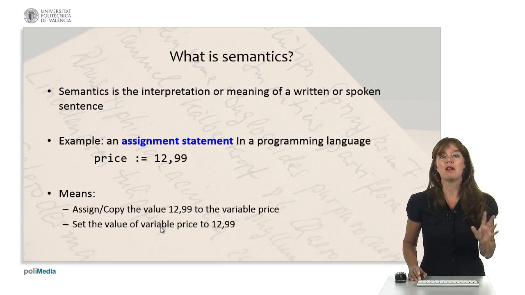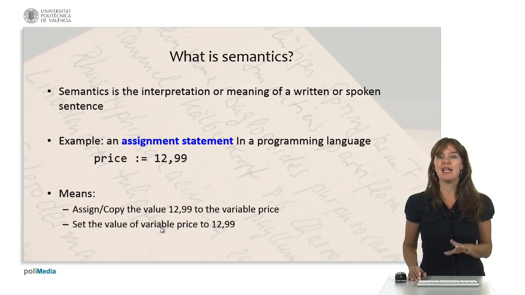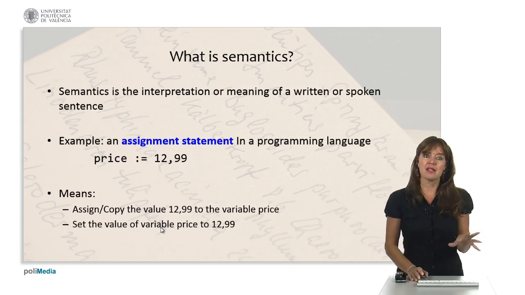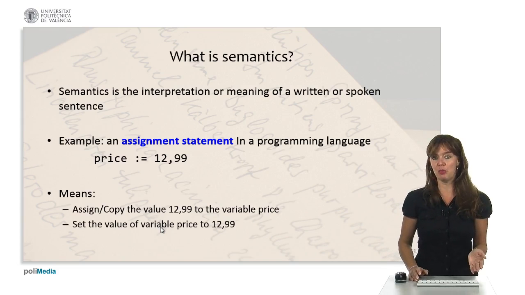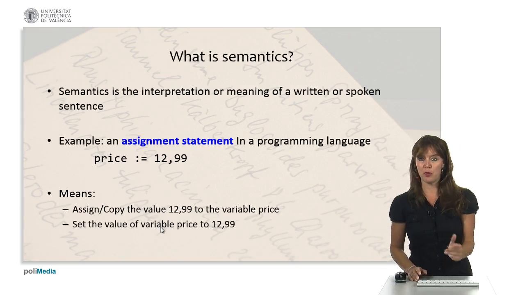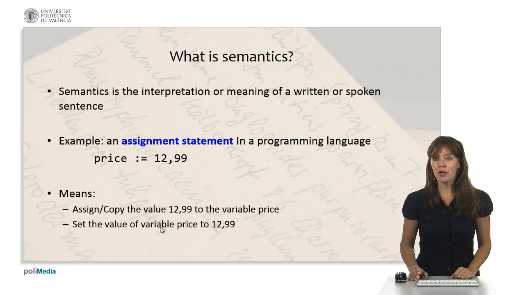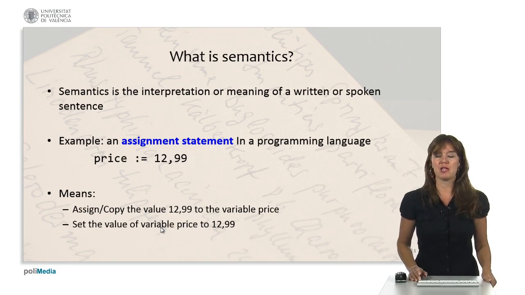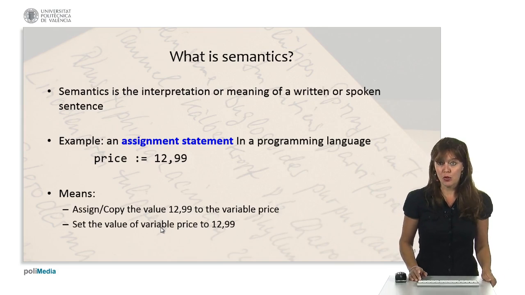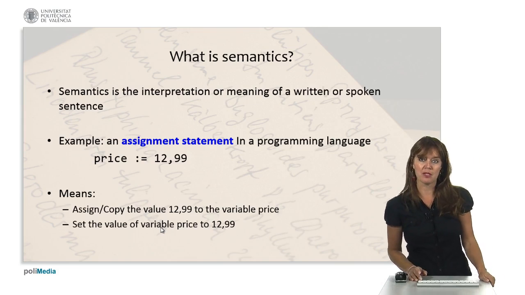Semantically, it means assign or copy the value 12.99 into the variable price. Or another way to say it: set the value of variable price to the number 12.99. Or if you are a programmer, you would say assign the number 12.99 to the variable price.